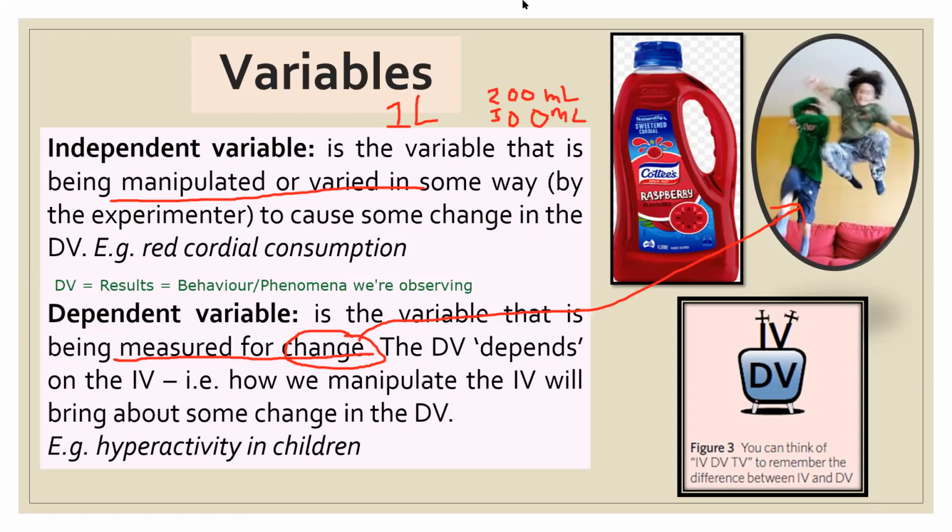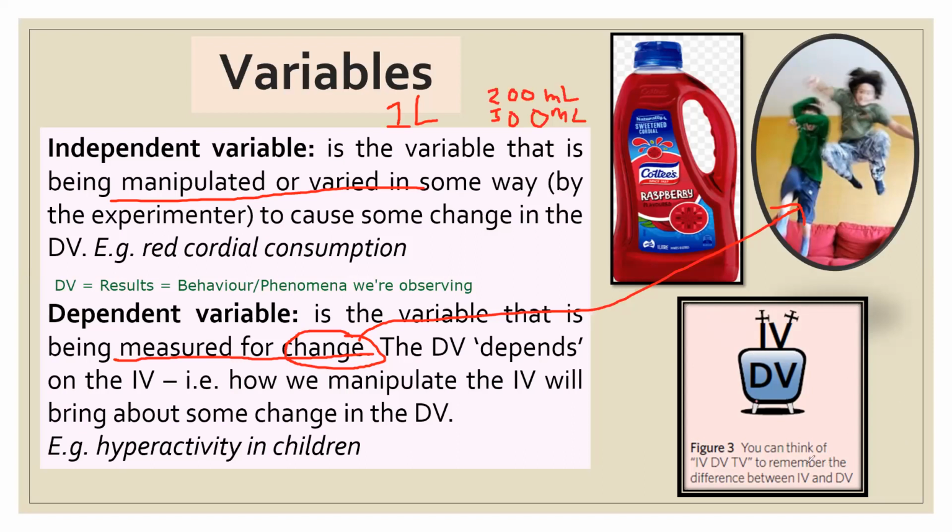Now, in your book, they have a nice little analogy for this. They say that you can look at the IV and DV as being like a TV and the antenna. If you remember back in the old days, they used to have TVs with antennas on them. You'd have to move the antenna, and every time you moved it, the TV would either become more clear or really unclear, and all that black and white static would show up.